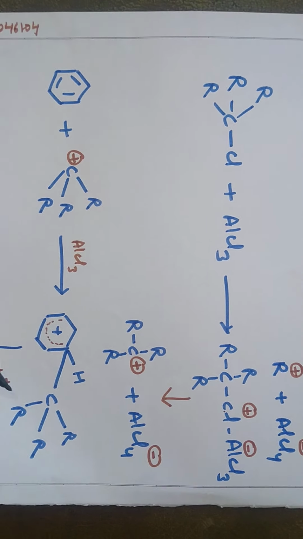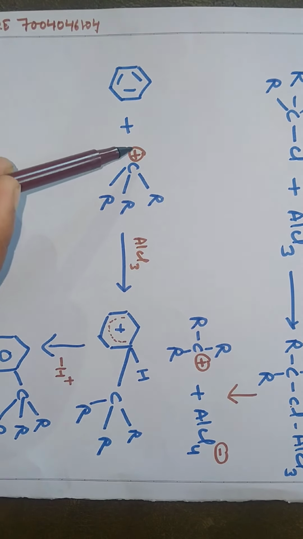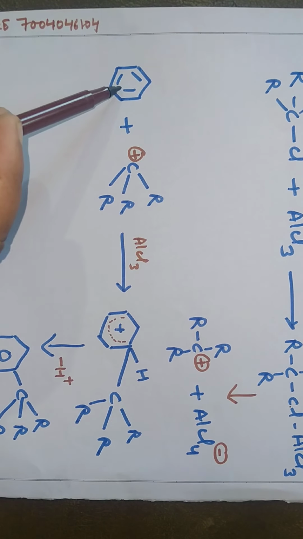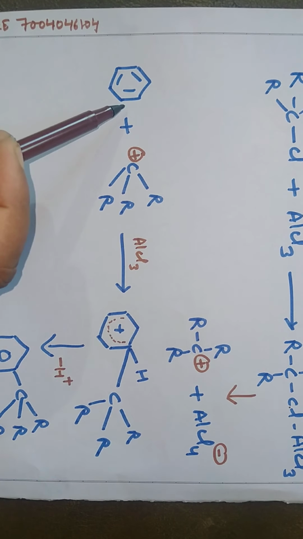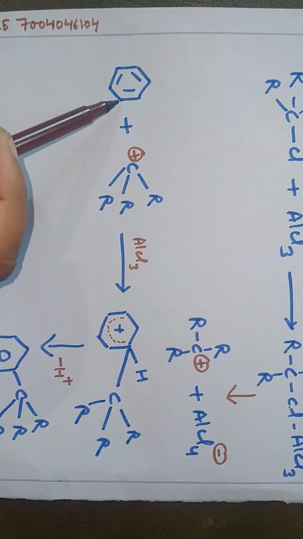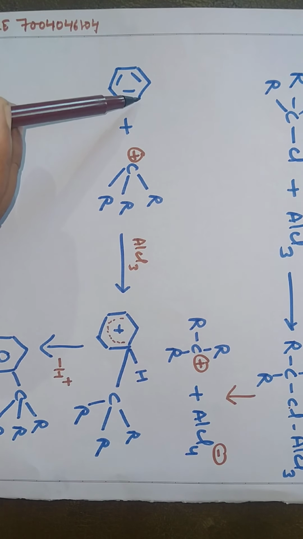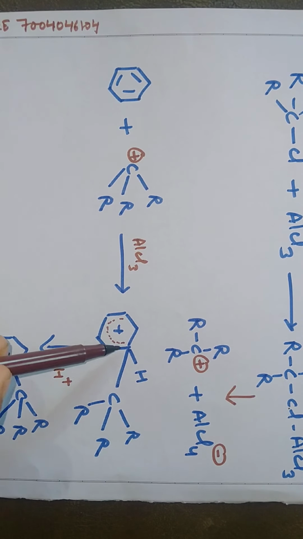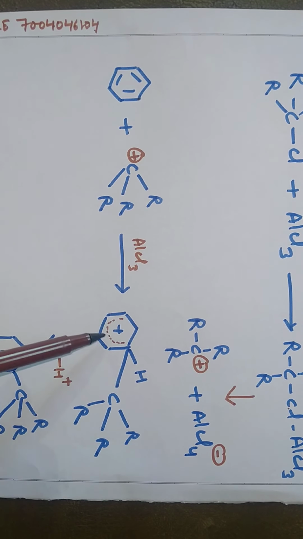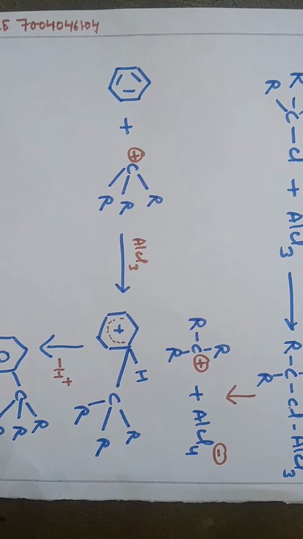As a result, this carbon is positively charged, and the pi electron shifts to any one of the positions, since all the positions are equivalent. So if this electron shifts here, then a positive charge is generated here, and the carbon will attach to this position, and we have one hydrogen atom also located here. So this will undergo resonance, that means various resonating structures are denoted by this species.